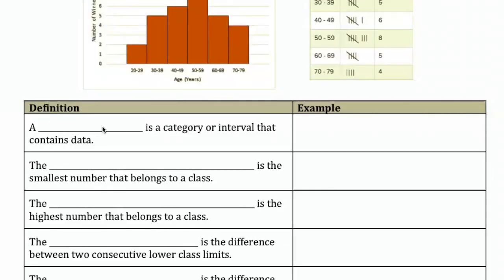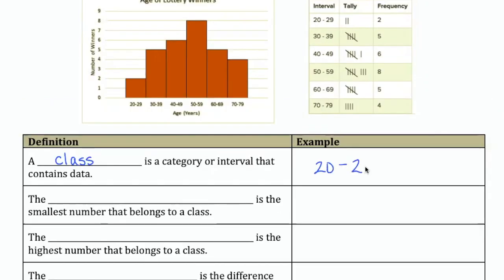The first blank here, a blank is a category or interval that contains data. That's the word class. And an example from above would be like 20 to 29 is a class, okay? Any of these in the interval column are classes. The lower class limit is the smallest number that belongs to a class.